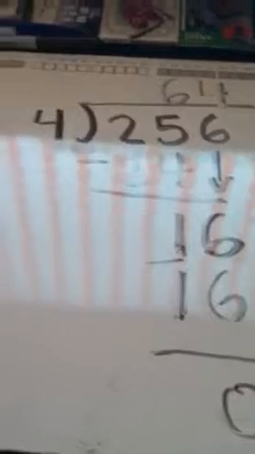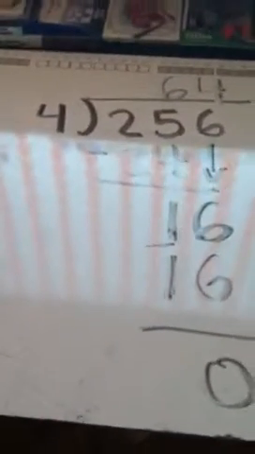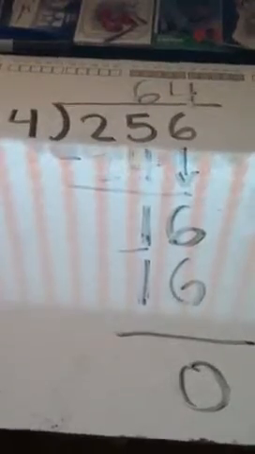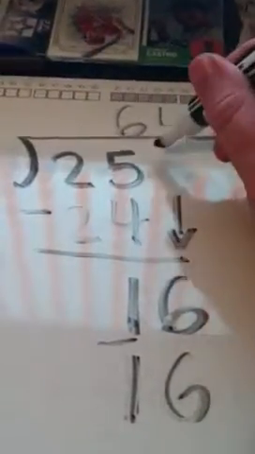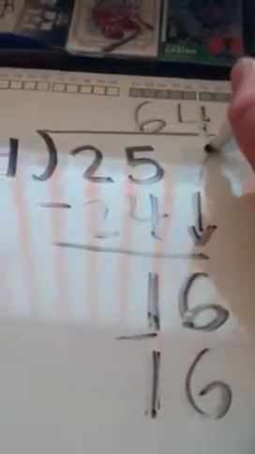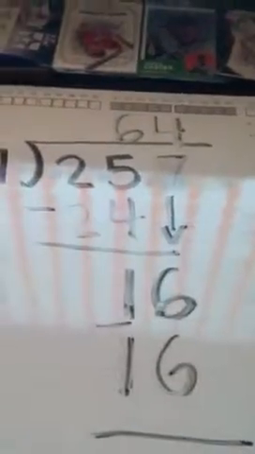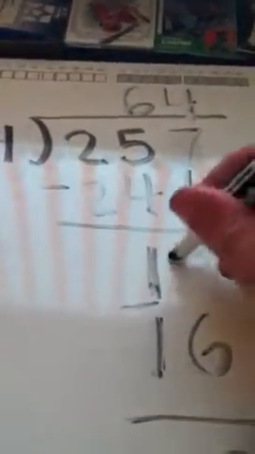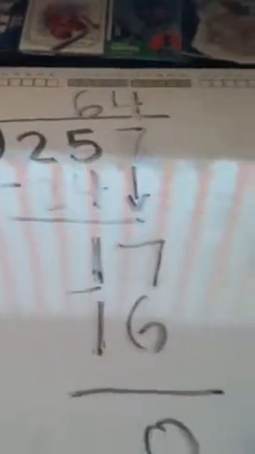At the bottom of the problem, sometimes you will get a number left over, which is a remainder. So for example, if I came back up to the top, and if this problem had been, instead of 256, 257, then this would have changed to 17 down here.